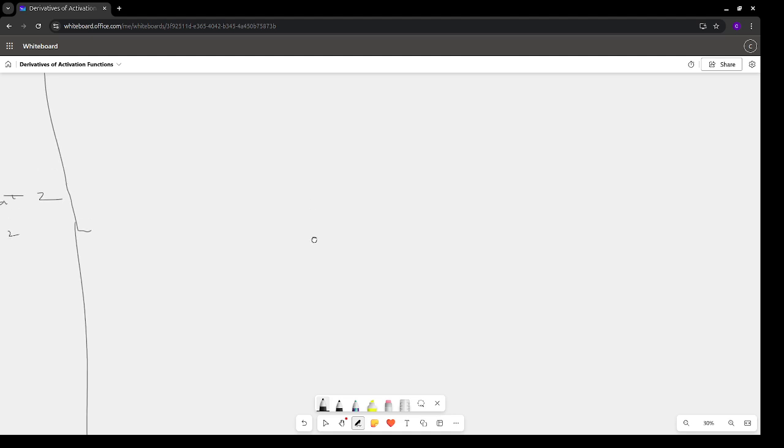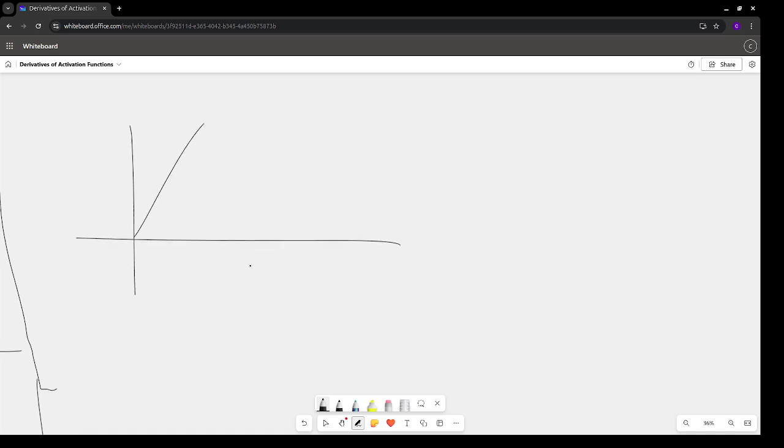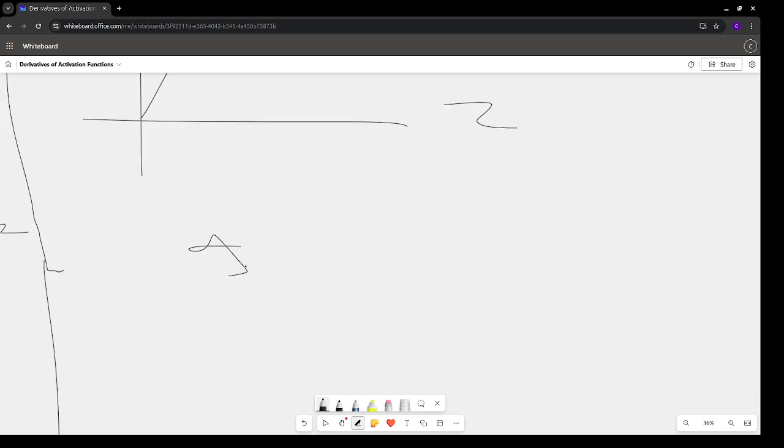So ReLU and leaky ReLU. Let's go with the ReLU. So this is our ReLU function. This is a, this is z, and let's get the math.